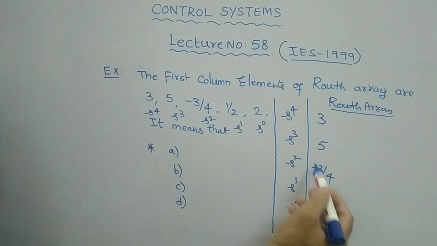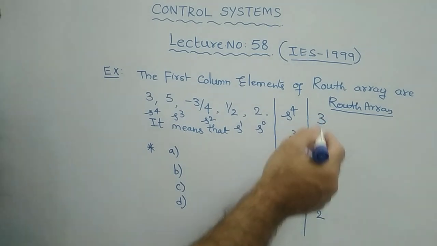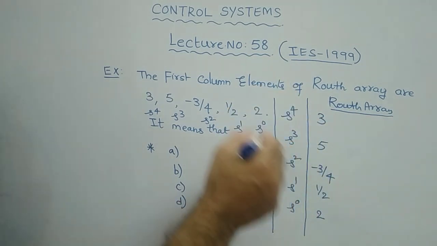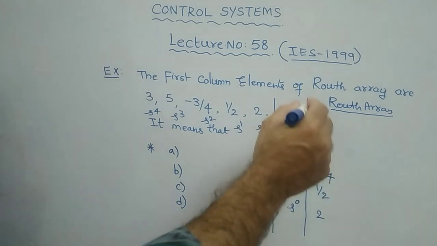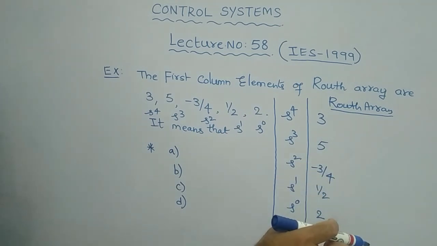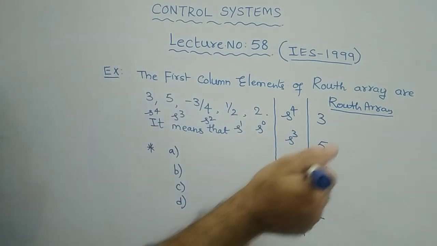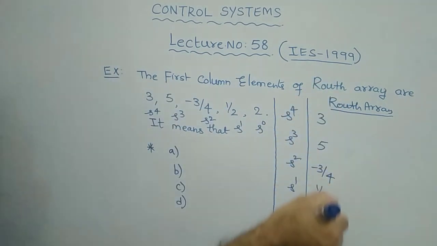There should not be a minus. If a minus is there, remember that it is an unstable system, not a stable one. This is a fundamental note that everybody should remember: there should not be a minus in the first column. All must be positive, with values greater than 0, in the first column.